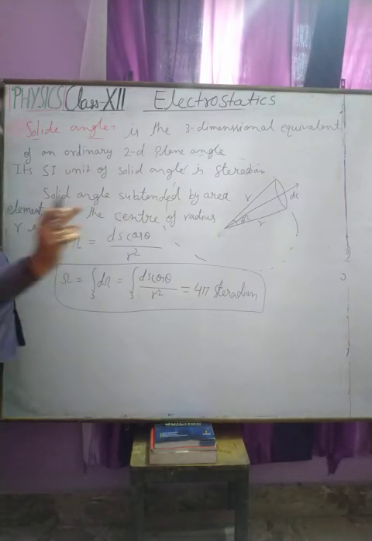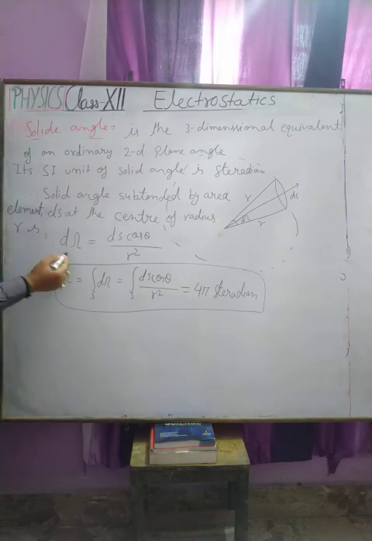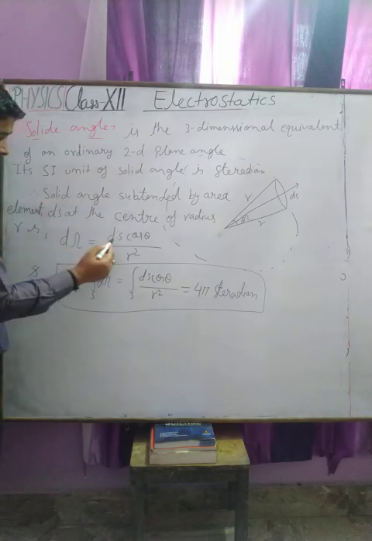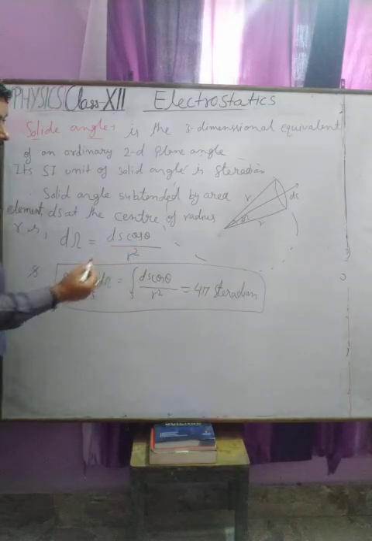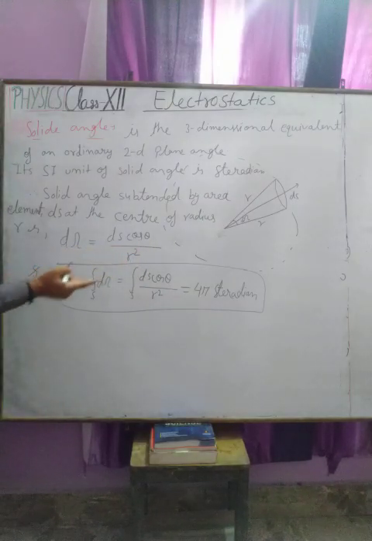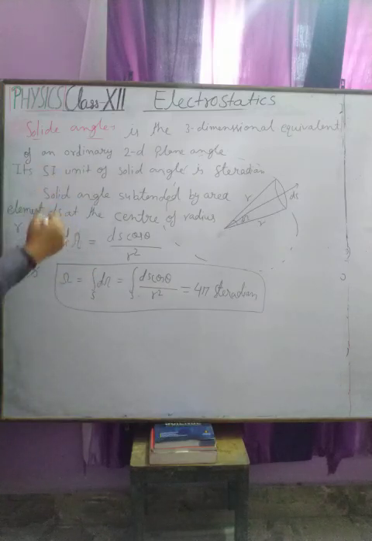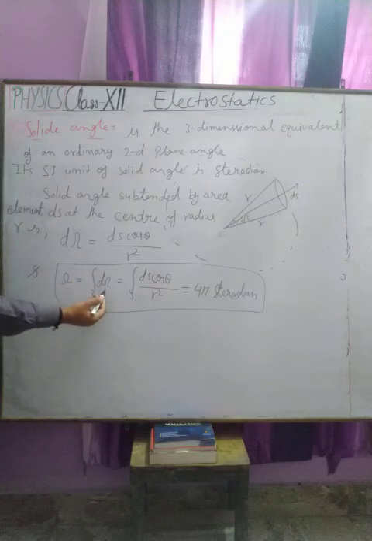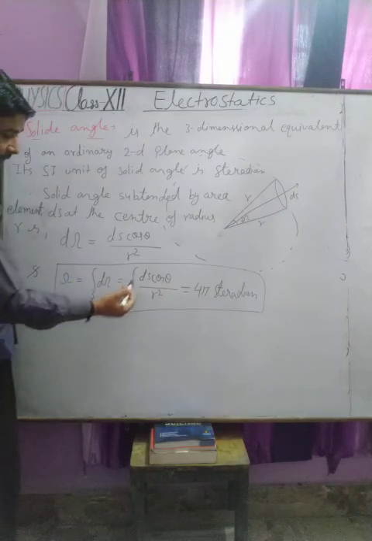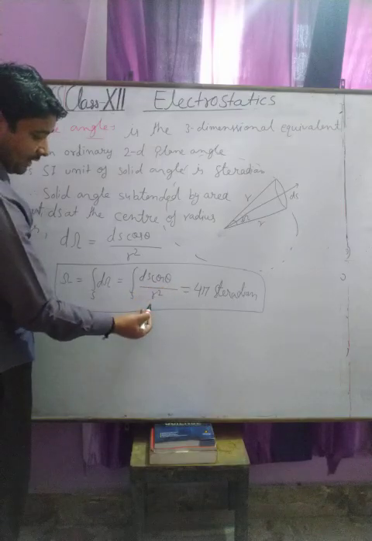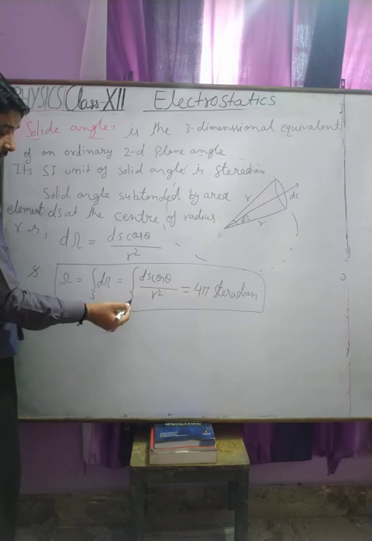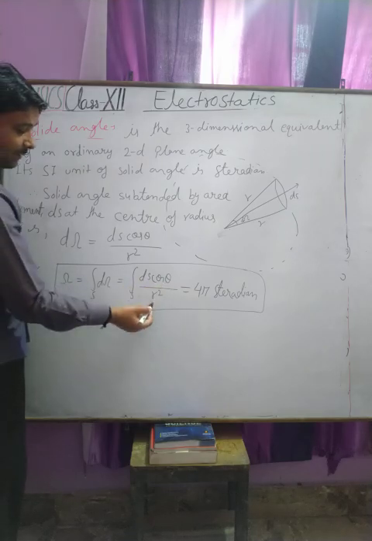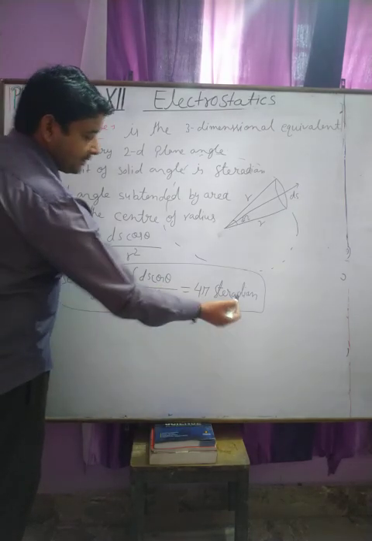Solid angle is denoted by omega. Small solid angle d omega is equal to ds cos theta upon r square. For the total surface, the solid angle omega is equal to surface integral of d omega, which is ds cos theta upon r square, and the value of this surface integral is 4 pi steradian.